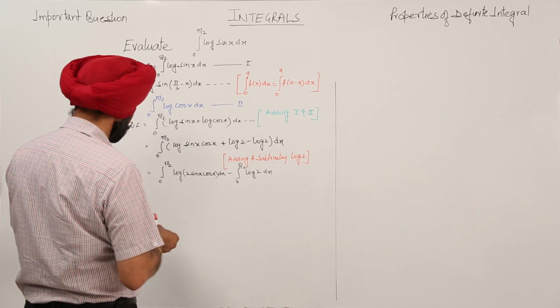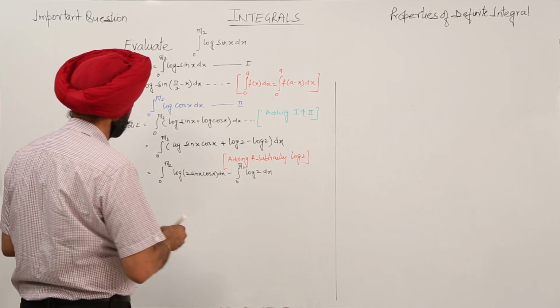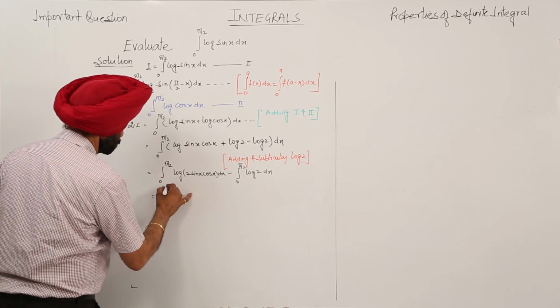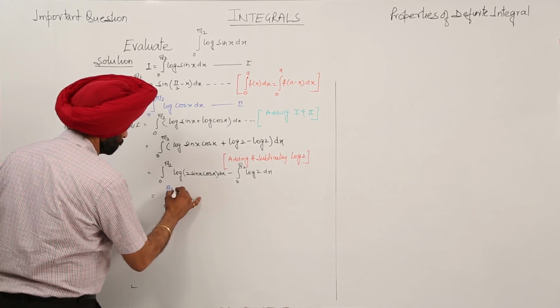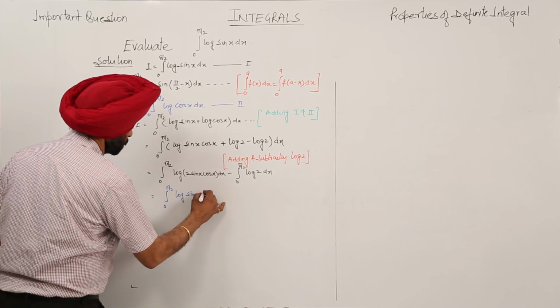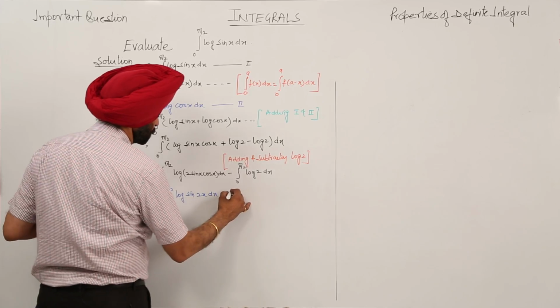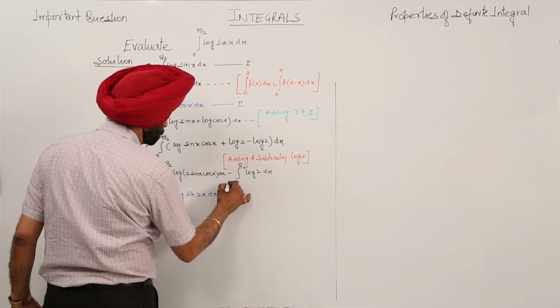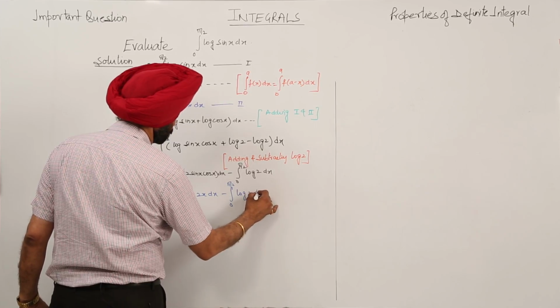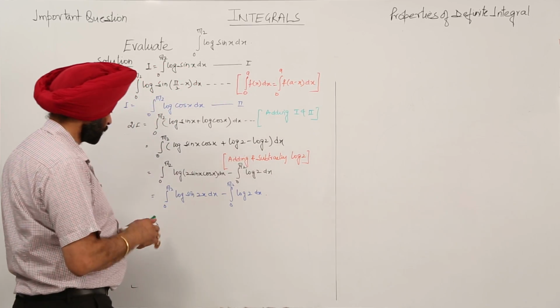Okay, so now this becomes the integral from 0 to pi by 2 of log sin 2x dx, minus the integral from 0 to pi by 2 of log 2 dx.